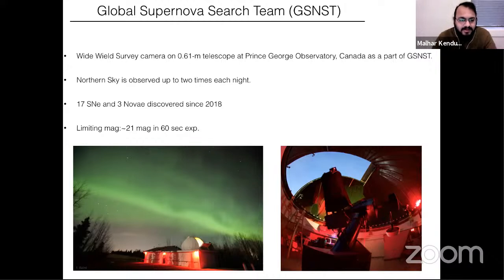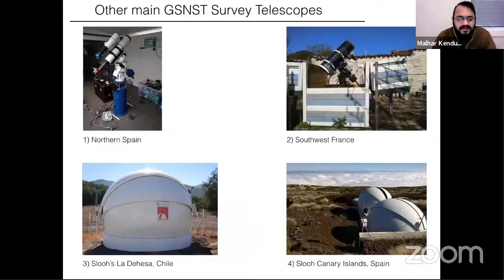The limiting magnitude of this telescope is 21 in a 60-second exposure. For the GSNHD survey we also have one remote telescope in northern Spain and one in southwest France, and we also use SLU observatories, in Chile and in Spain.